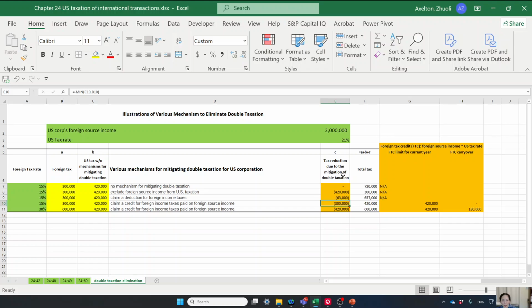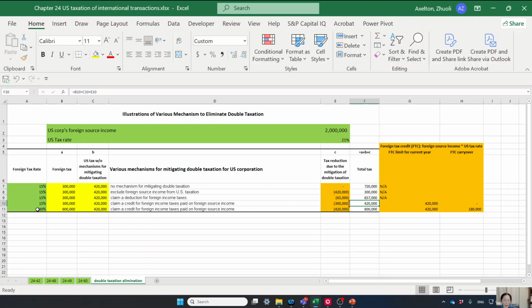So through the tax credit, essentially what's happening here is the U.S. person only pays the U.S. tax of 21%. However, there is a limitation on this credit.